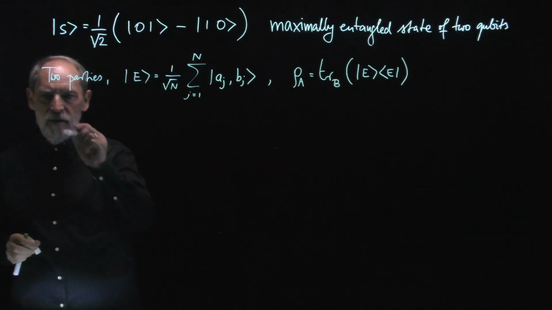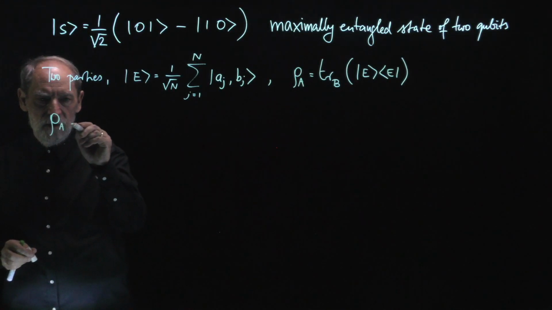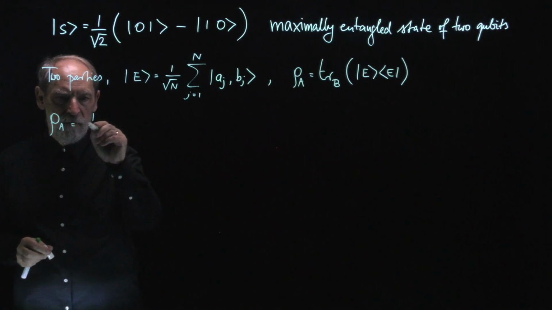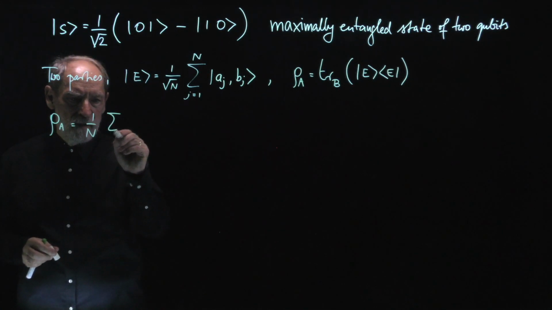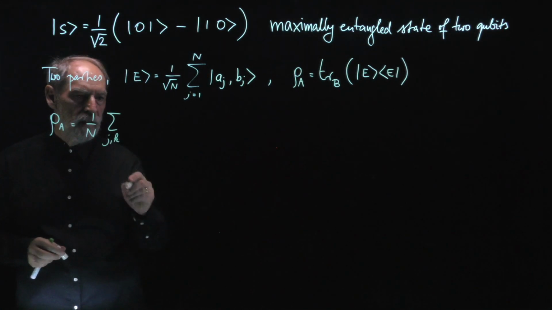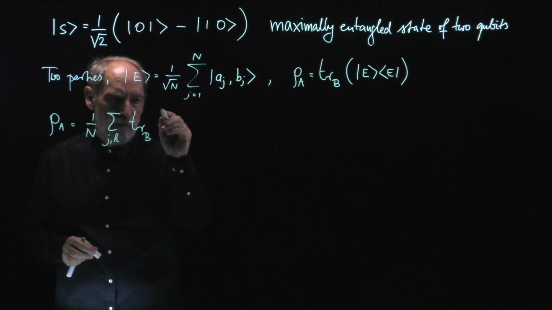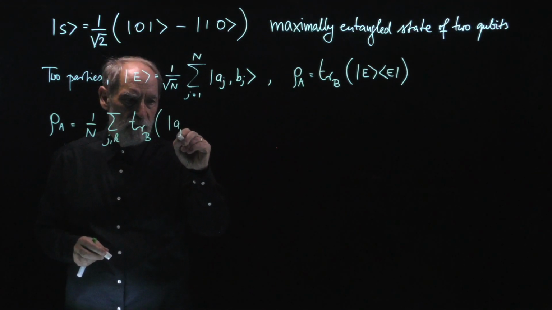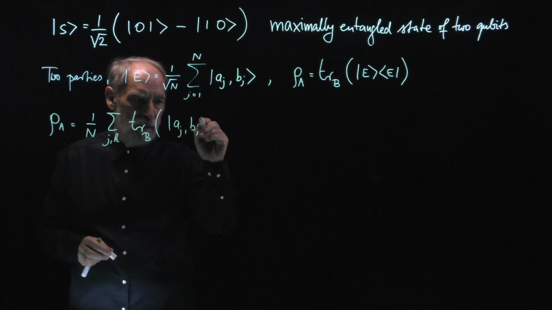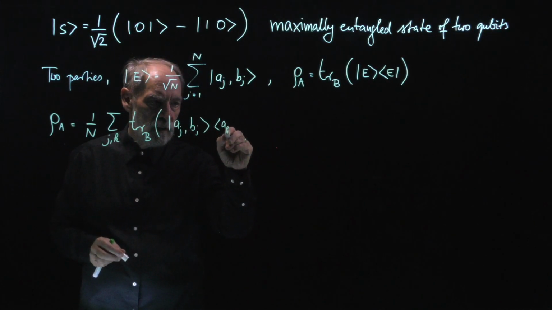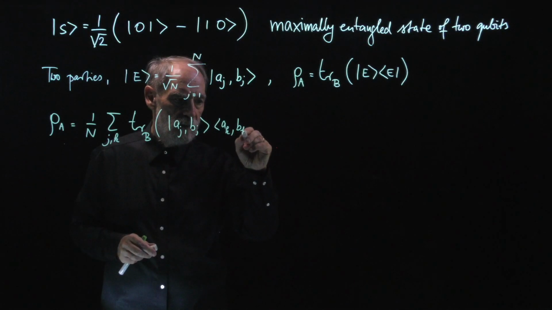So let's write this out in a bit more detail. So here we have 1 over n, then we have the sum over j and k, and then we have the trace, but only for the b part, of aj, bj, ak, bk.